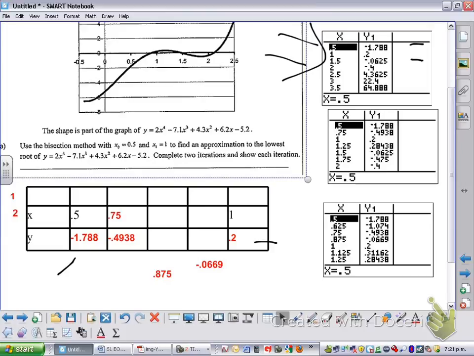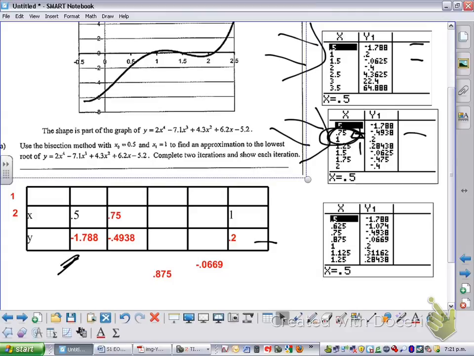Now, you know that you have to take half of that interval to do an iteration. If you take a look at my next screenshot from my calculator, all I did was take the interval in the table set and halve it again. So I get 0.5, 0.75, and its corresponding y value, which is negative.